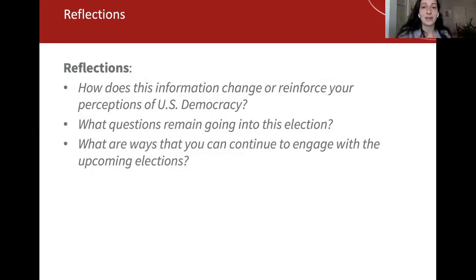They will be impacted by the presidential election and the foreign policies that president will take on, and also as folks who are studying in the United States, you are going to be impacted by this election. So what are ways to continue to engage in that and to stay involved? We're going to make some suggestions.